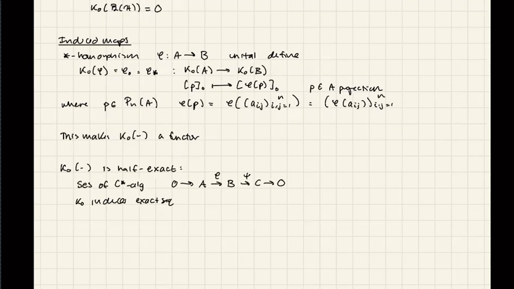Where we have K0 of A and our induced map here into K0 of B. Our induced map for this and K0 of C. So we don't have that this induces a short exact sequence on K theory. That's what the half exact means here.